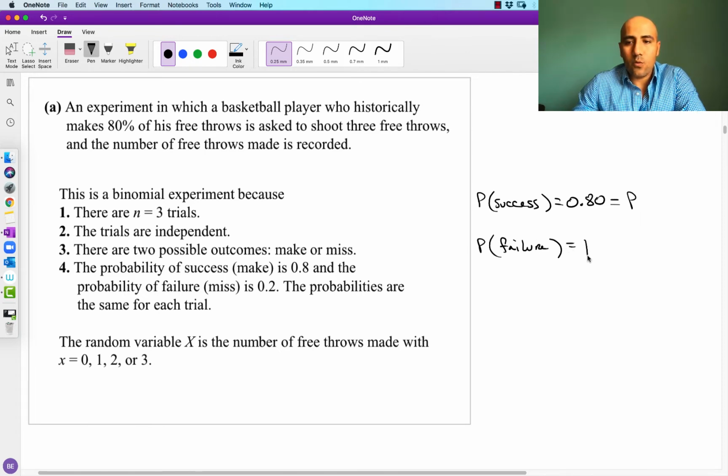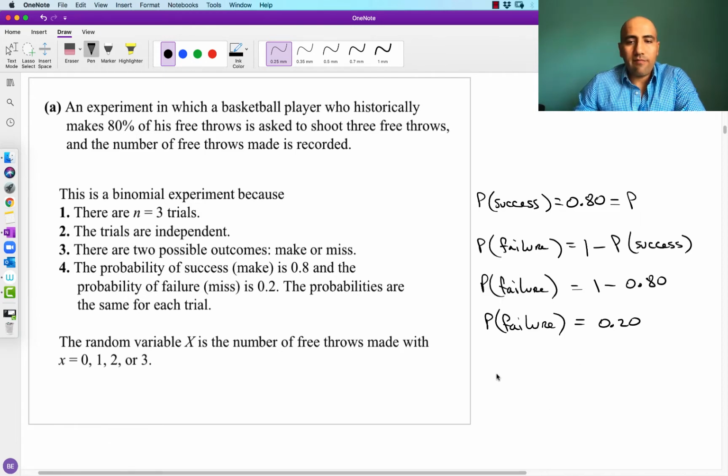This is equal to 1 minus the probability of success, because either you make it or you don't make it. They're complements of each other. So this is going to be equal to 1 minus 0.80, which means that the probability of failure is 0.20. They have to add up to 100%. So this is the probability of failure.